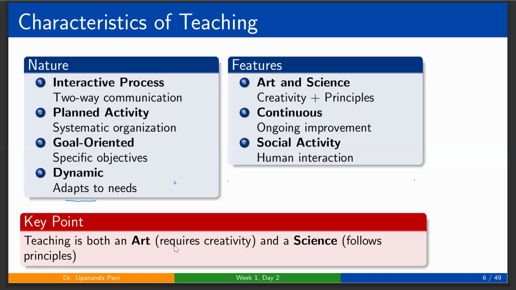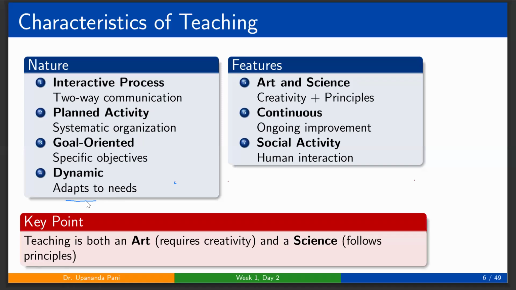Now let us focus on the different characteristics of teaching. The nature of teaching is that it is an interactive process, a two-way communication process, and a planned activity. A planned activity refers to systematic organization. It's goal-oriented, with specific objectives. It is dynamic and adapts to the needs. For example, the real-world classroom will change, right?